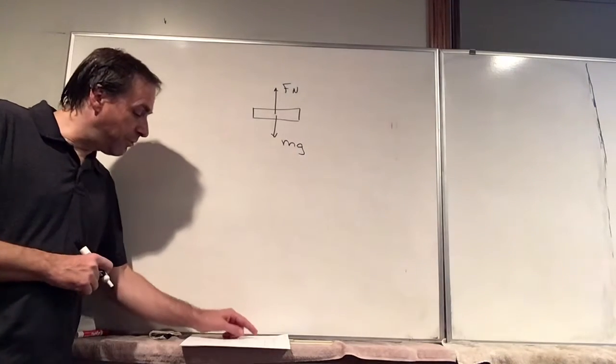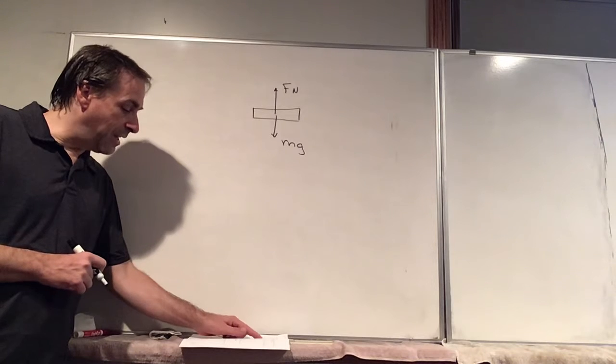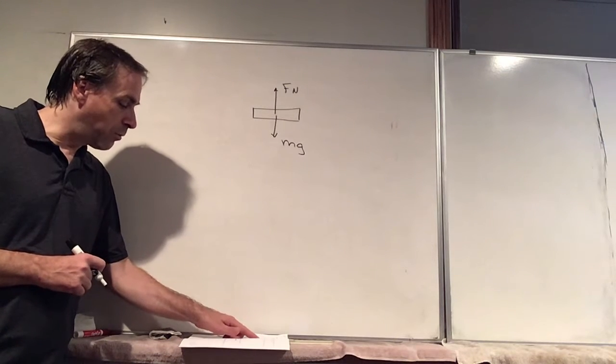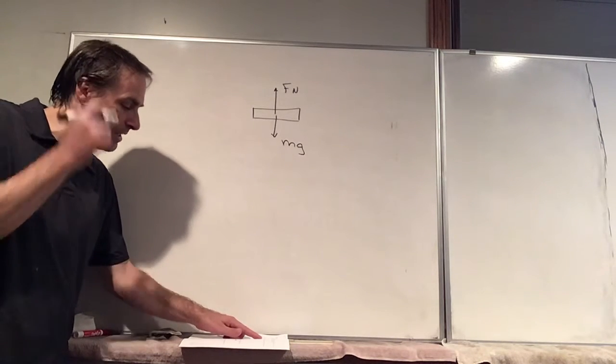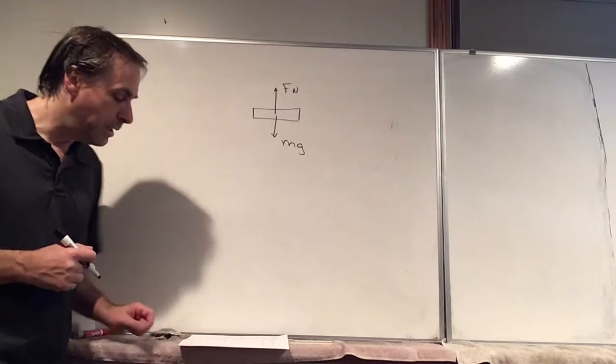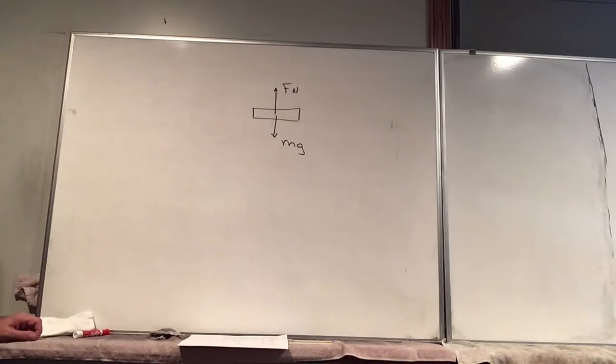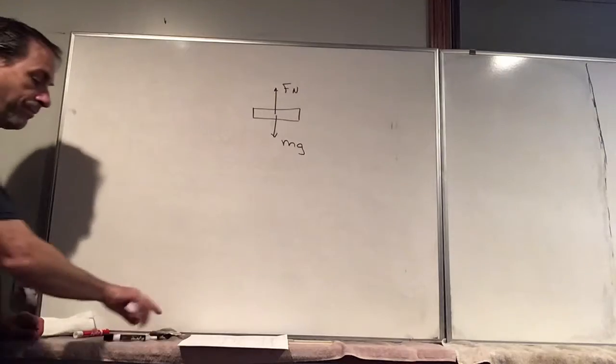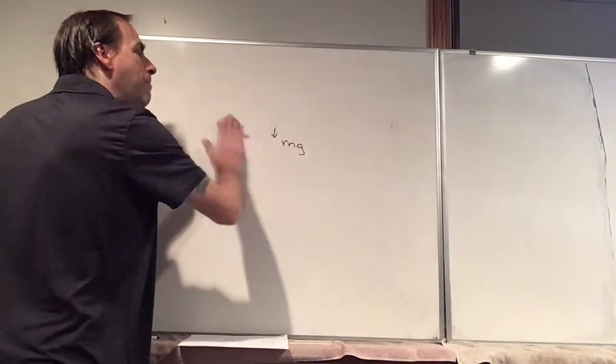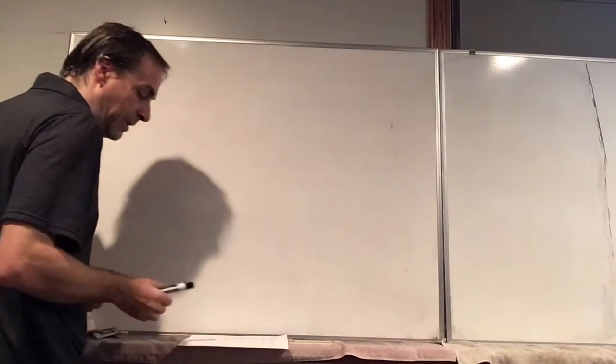All right, now problem 2, we have the sun and the earth. The sun is 2 times 10 to the 30th kilograms. The earth is about 6 times 10 to the 24th power kilograms. So the sun is much more massive than the earth.